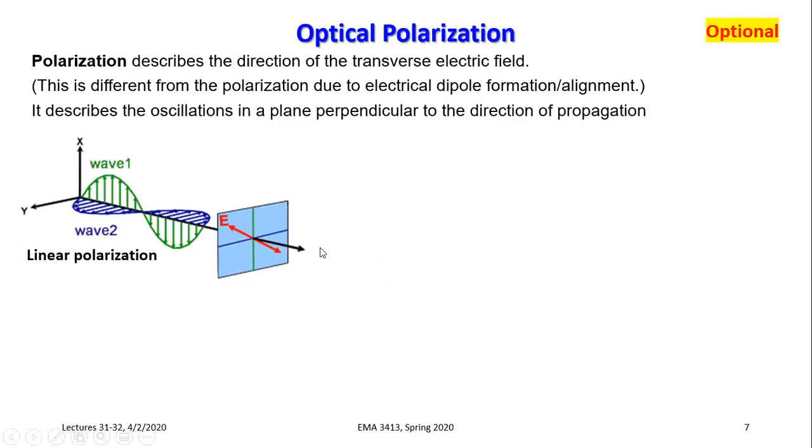So with the direction of propagation, you can define two independent perpendicular directions, and depending on the E field, you can have different kinds of polarizations. If you define these two perpendicular directions as X and Y, you have two partial waves. If these two partial waves are in phase with each other, then in the plane perpendicular to the propagation direction, the E field will seem to just oscillate back and forth along one direction.